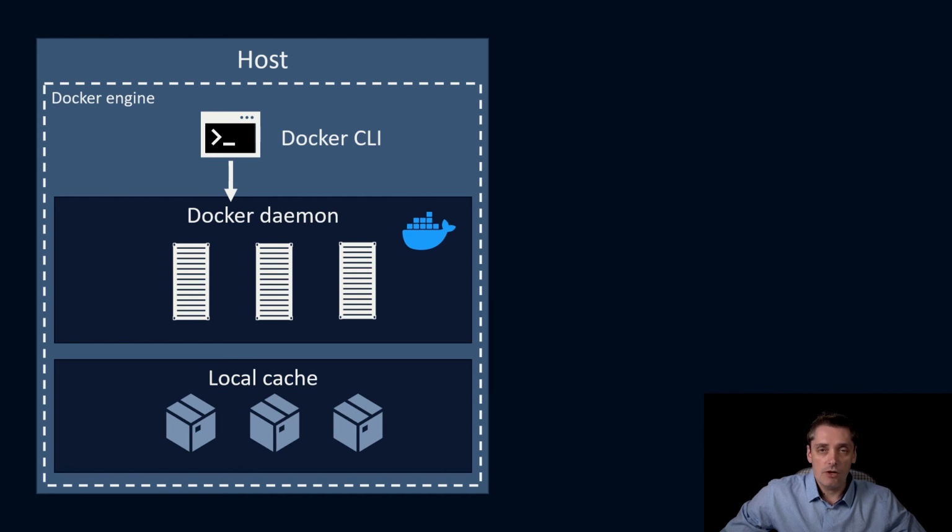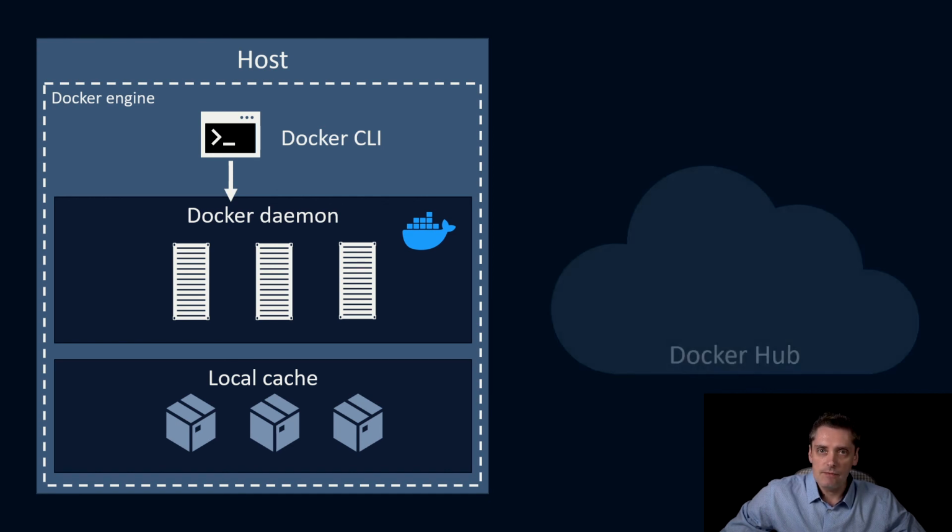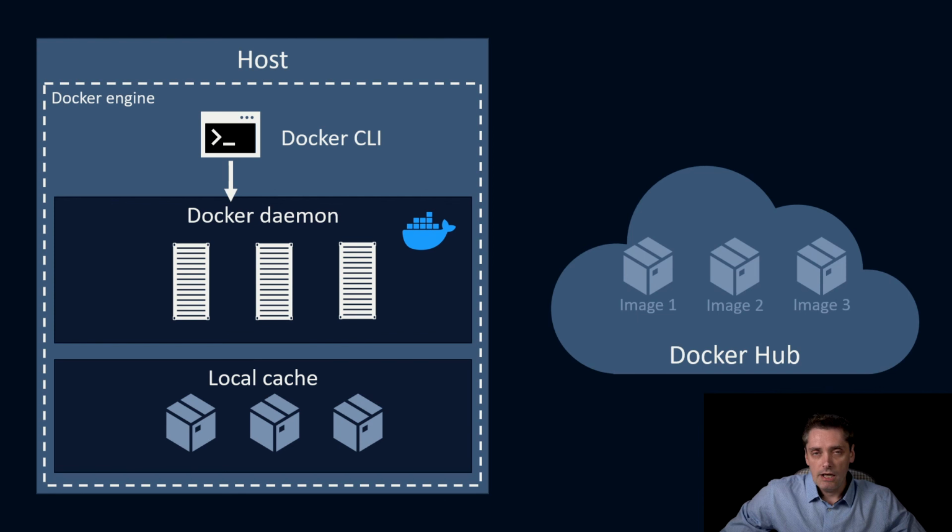These images are stored inside a container registry, for example Docker Hub, and they should be downloaded into a local cache on a host before Docker can run a container. And finally, a container itself is a running instance of a container image.